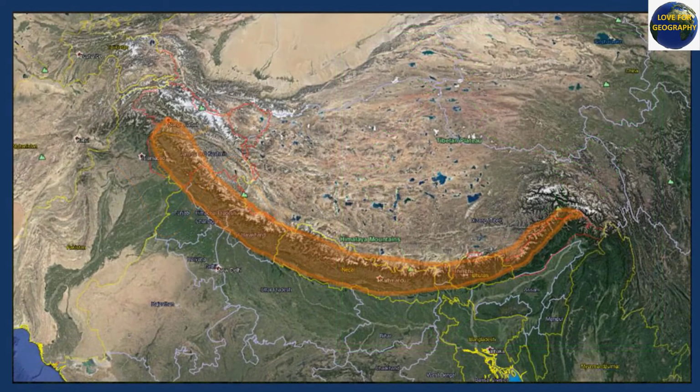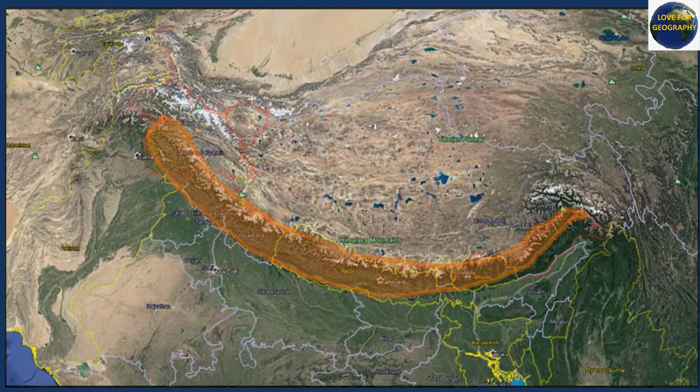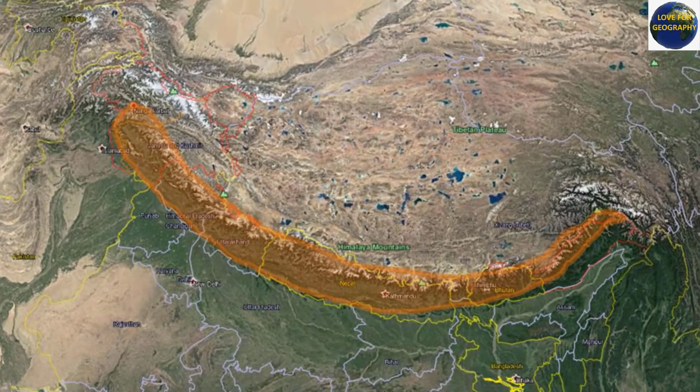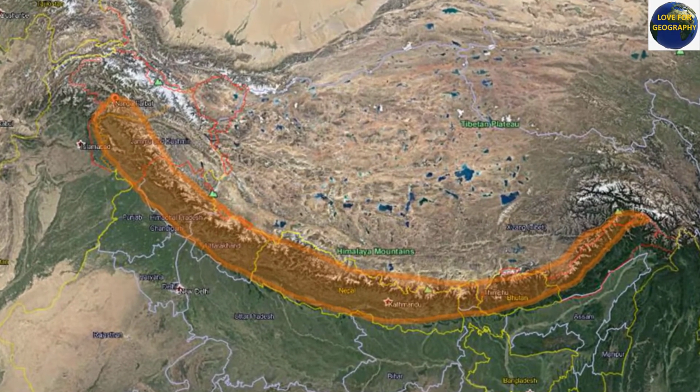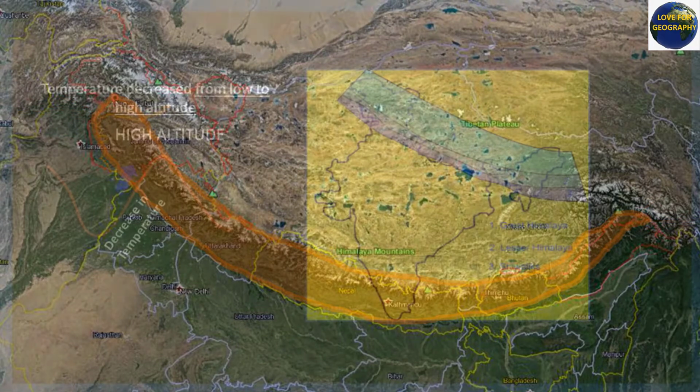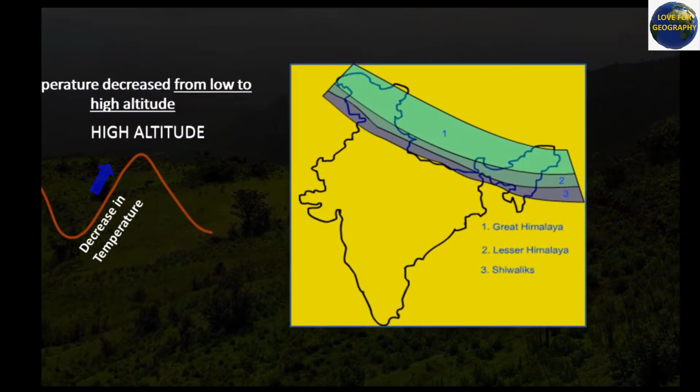Now, if you get a map of India, can you guess where the mountains are? Yes, in mainland India, you will find the mountains in the northern part. Here I am talking about the Himalayas. It stretches from the northwest to the northeastern part of India. If you remember, the Himalayan mountains are divided into three ranges.